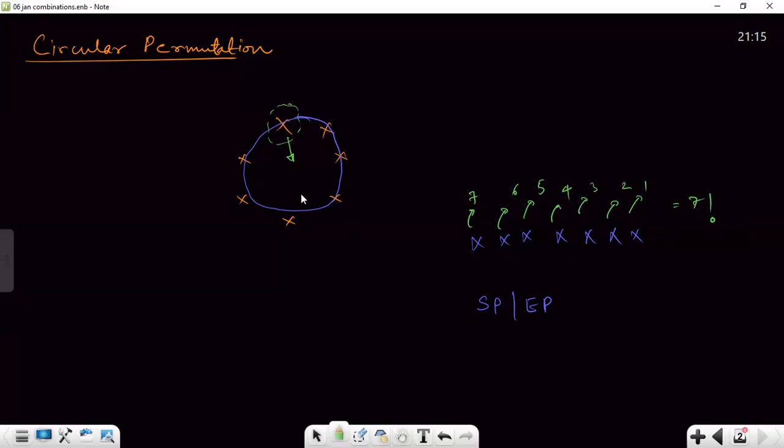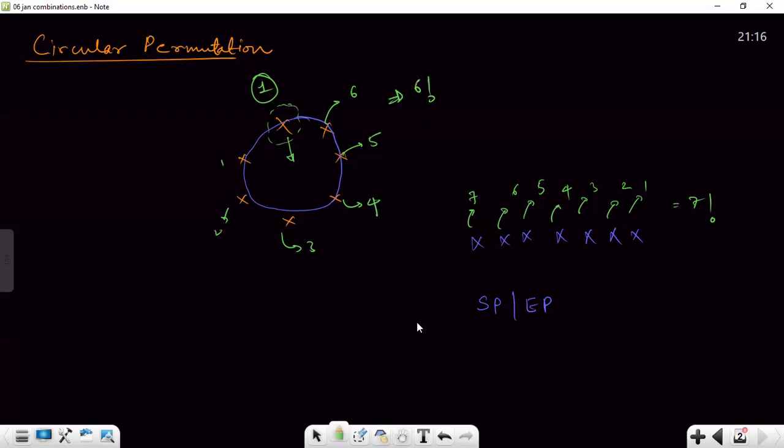But this time we have already chosen a reference point, so only the chairman is going to sit here. Basically, the person who is chosen as the reference point. So only one choice for the reference. Now, how many remaining? 7 minus 1, 6 can sit, then 5, 4, 3, 2, 1. If we multiply them all, this becomes 6 factorial.